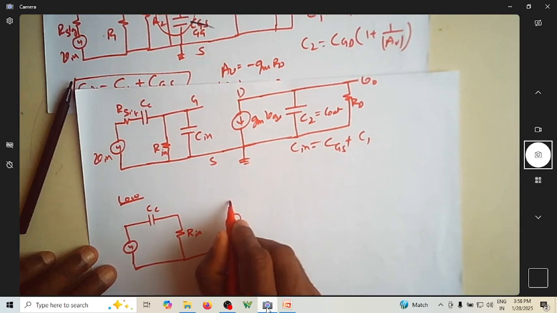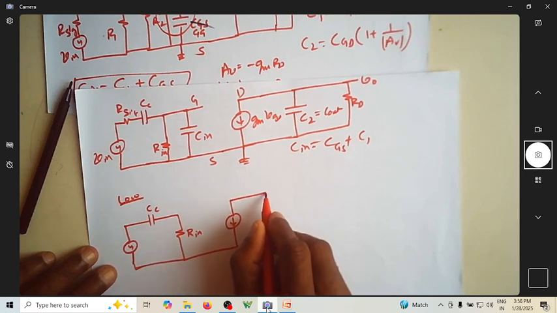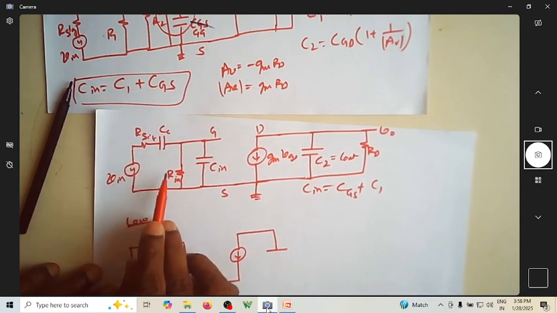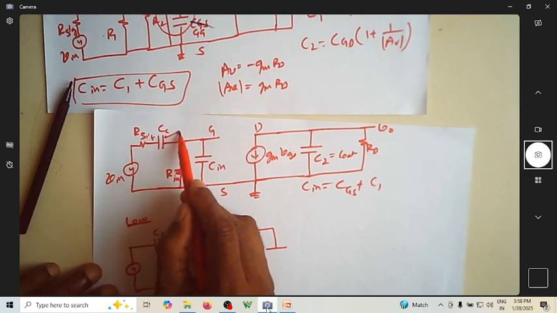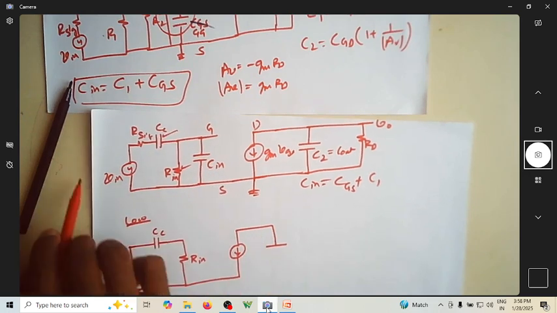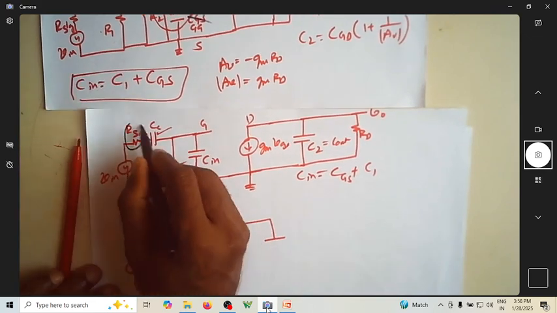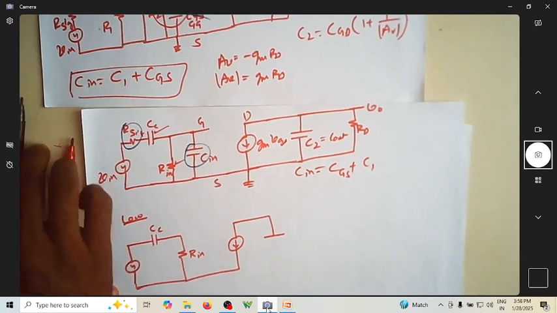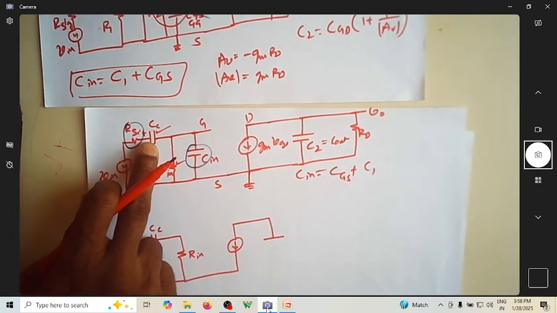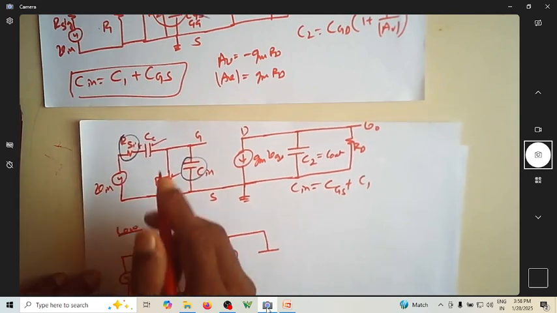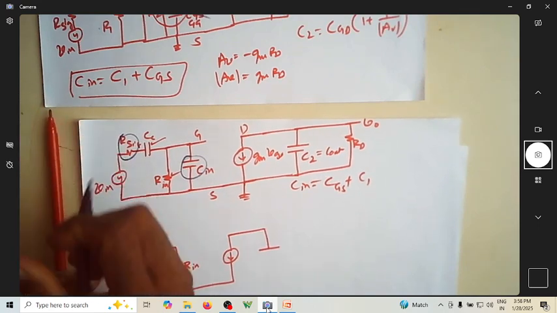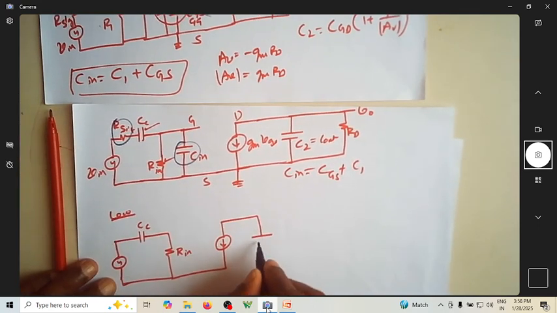When you're having two things among these two, you may have to select this at low frequencies and this at low frequencies. When it comes to high frequency, you'll be selecting this at high frequencies, because at high frequency the reactance offered by this will be less. So while writing, this is for low frequency. Let me write this.